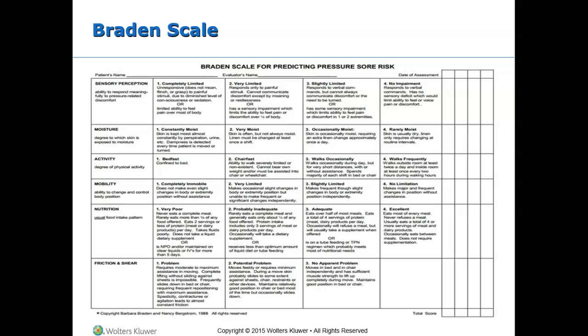Activity, they're bedfast, or are they walking frequently and independent? Mobility, completely immobile. They can't even make slight changes on their own to no limitation. Nutrition is very poor, and it tells you what that means, versus excellent. And then friction and shear. Is it a problem, a potential problem, or no apparent problem? And then you add up your score based on how you scored them.